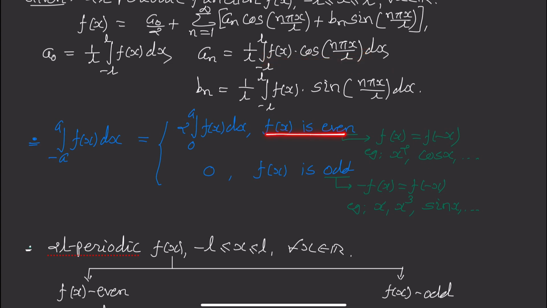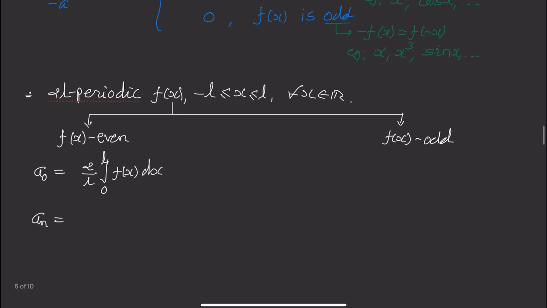So for the even function the relation is this. So we can rewrite an as 2 upon L integration 0 to L f of x into cos n pi x upon L dx.